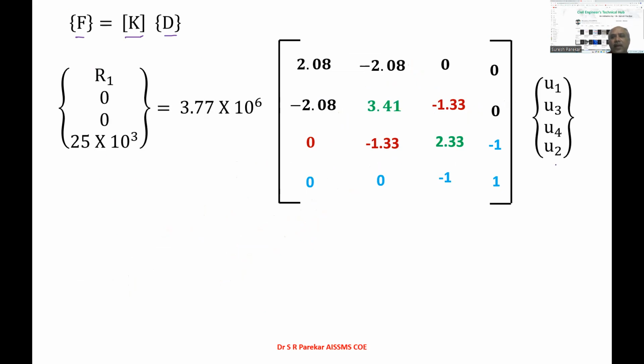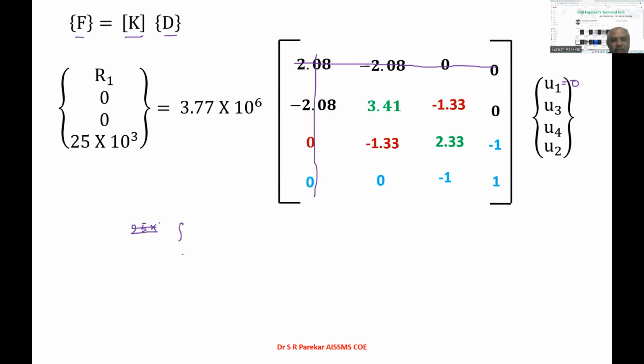So 1 and 2 are primary nodes, and 3, 4 are secondary nodes. Now we know U1 value is 0 because we have a fixed end. So we have to remove first row and first column.